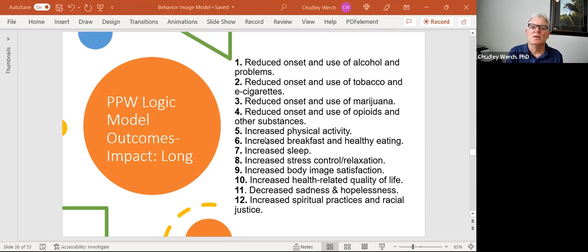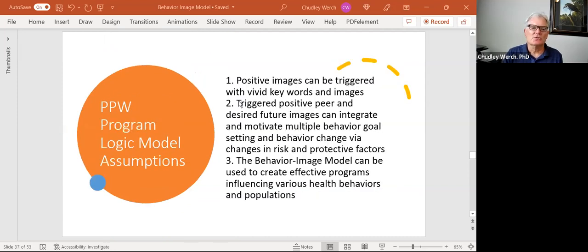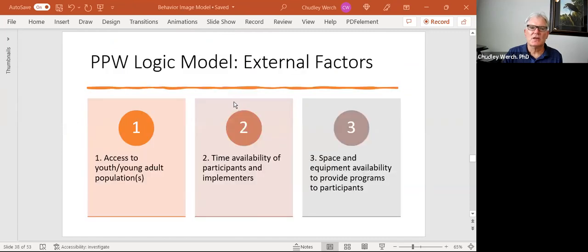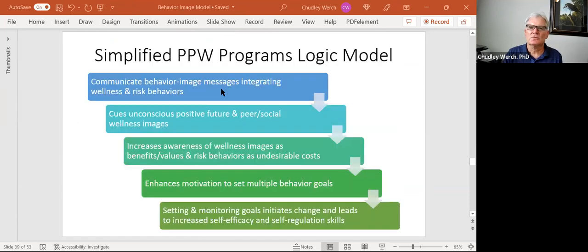So you've got multiple health behaviors influenced over time with our programs. There's also some model assumptions and some external factors, which you can look at.